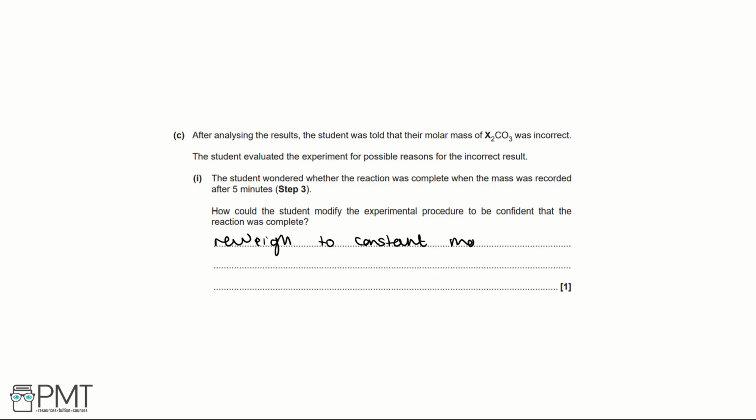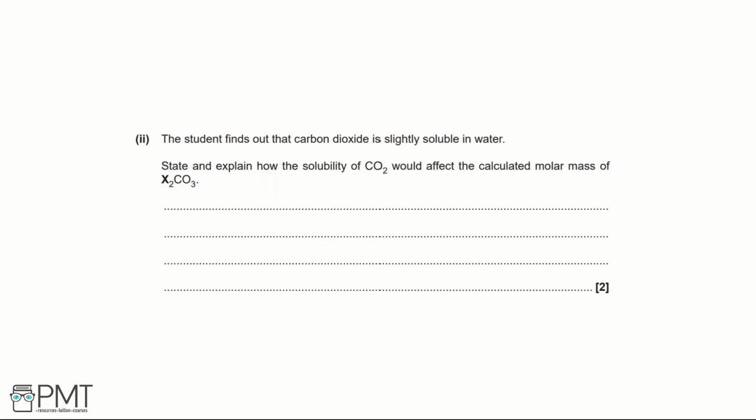When it's a constant mass, that means that no more carbon dioxide is being produced, so the mass is going to stay constant and your reaction is fully complete. To get the mark for this question, you need to write this statement: reweigh to constant mass.